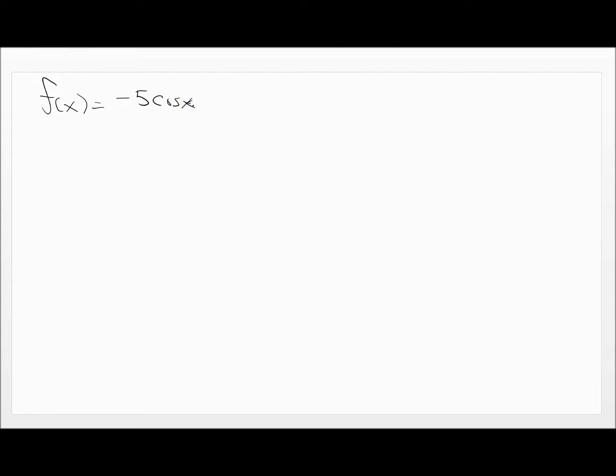And what if I ask you to calculate f to the 6th, since I already have a 5 in my problem, f^(6)(x)? Now, what in the world does that mean? It means the 6th derivative, right? So let's see if we can use correct notation and knock this out.